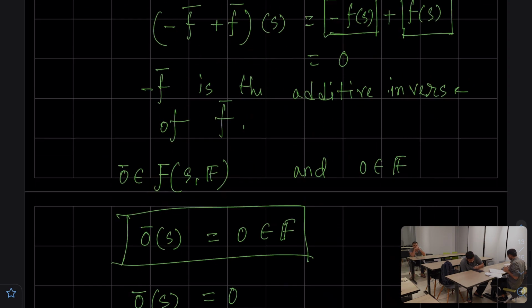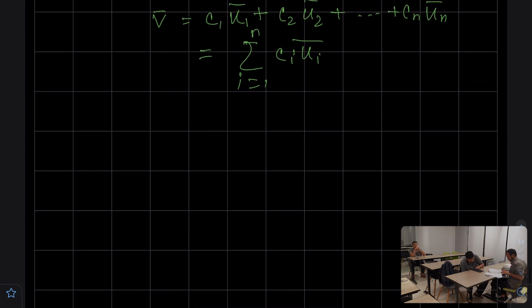Okay, so the last thing that I want to prove here today is that c times the zero vector is equal to the zero vector, for c belonging to the field F. So how can we prove that? You have to be able to prove it using the vector space axioms.